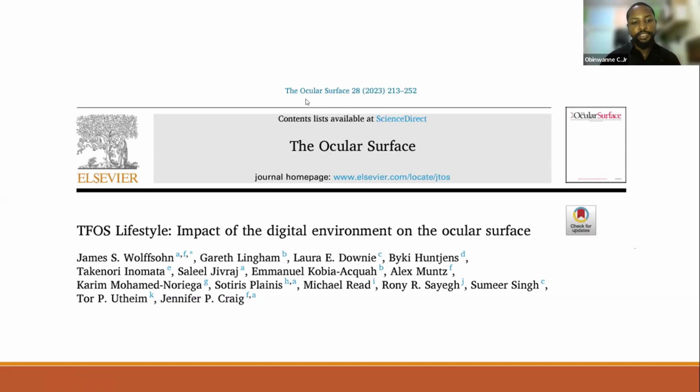Today, we'll be looking at the impact of the digital environment on the ocular surface. So far, we've seen a lot about how the ocular surface can be impacted by different factors: societal challenges, environmental challenges, elective medications, and so on. And today we'll be looking at something that's very universal to everyone, something that we are using right now.